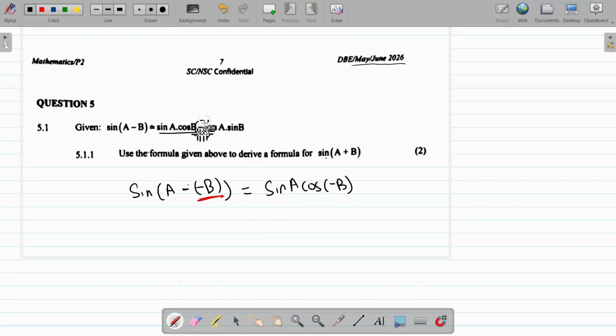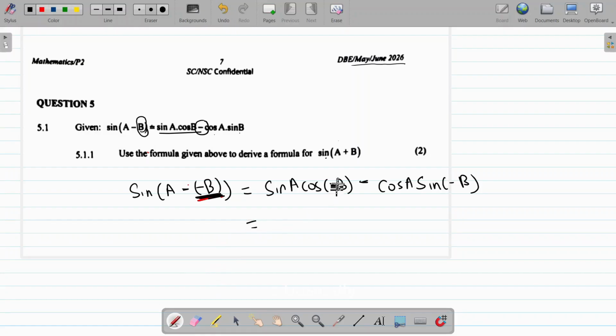And then we have a minus sign over here, and then we have cos of a sine of b. It's going to be cos of a, but this time it's going to be sine of minus b. So basically what we've done is that we've considered this minus b as this b over here.